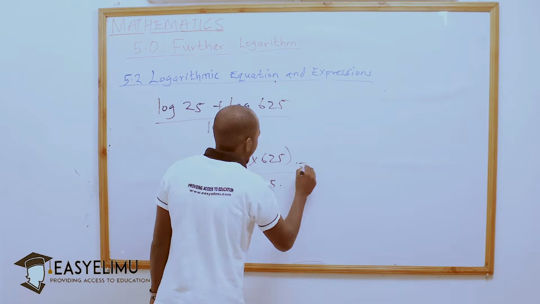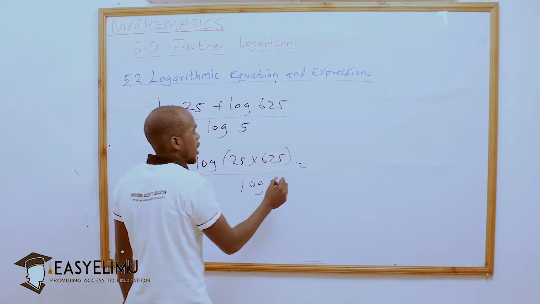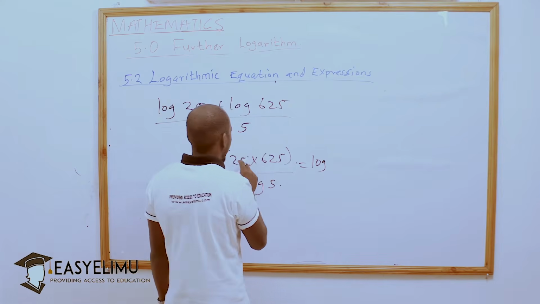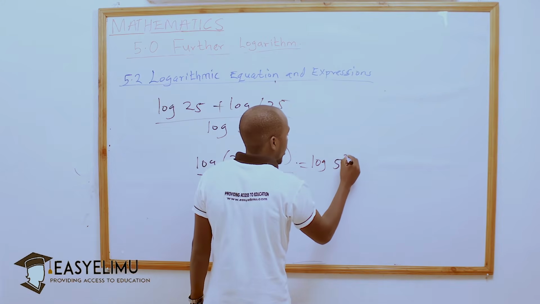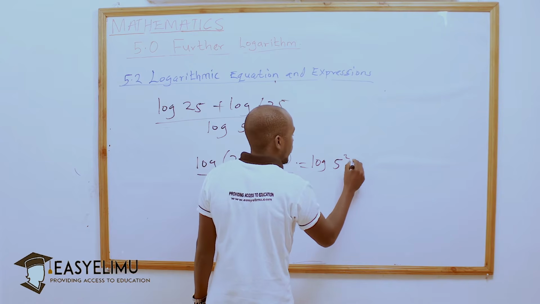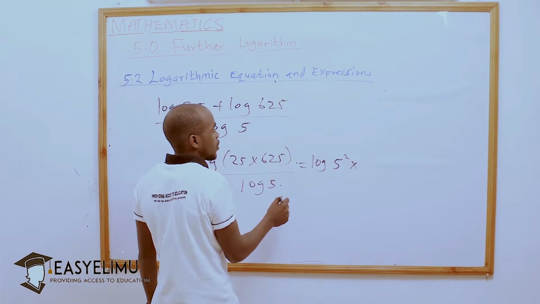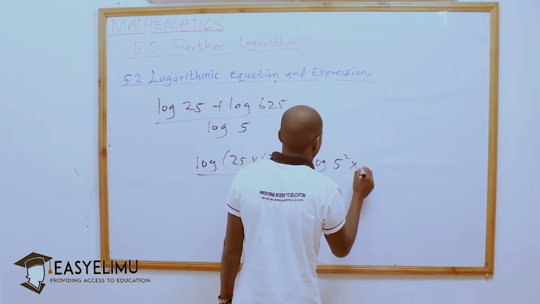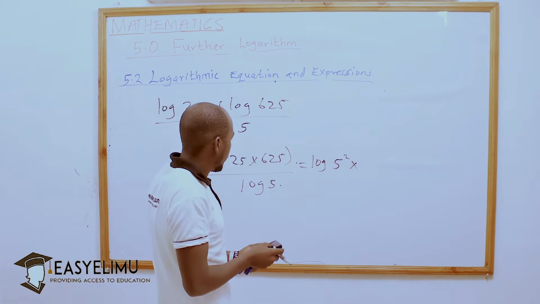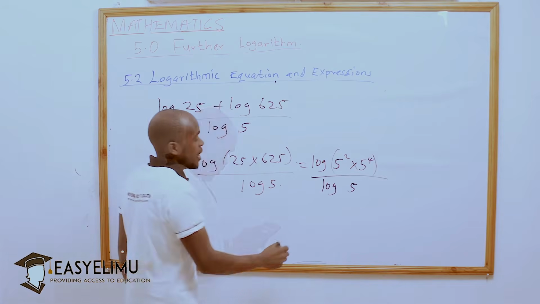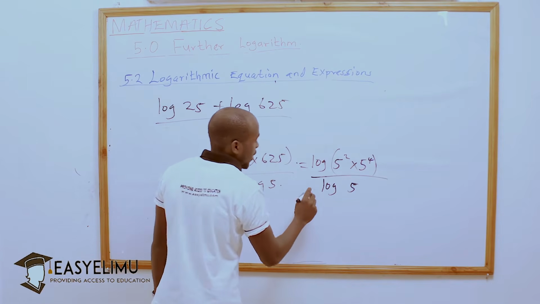And here we can go on factoring inside and we shall find log. Now 25 is 5 squared and we shall multiply by 625, which is 5 raised to 4, over log 5, which is 5 raised to 1.